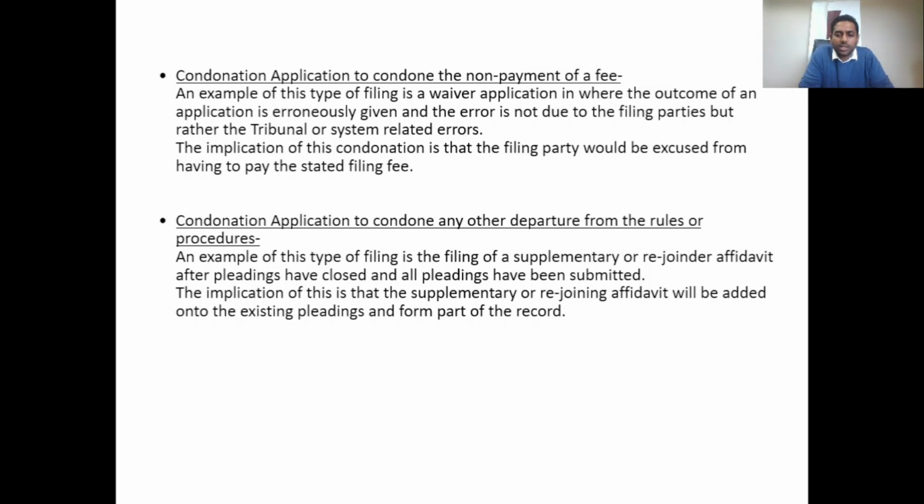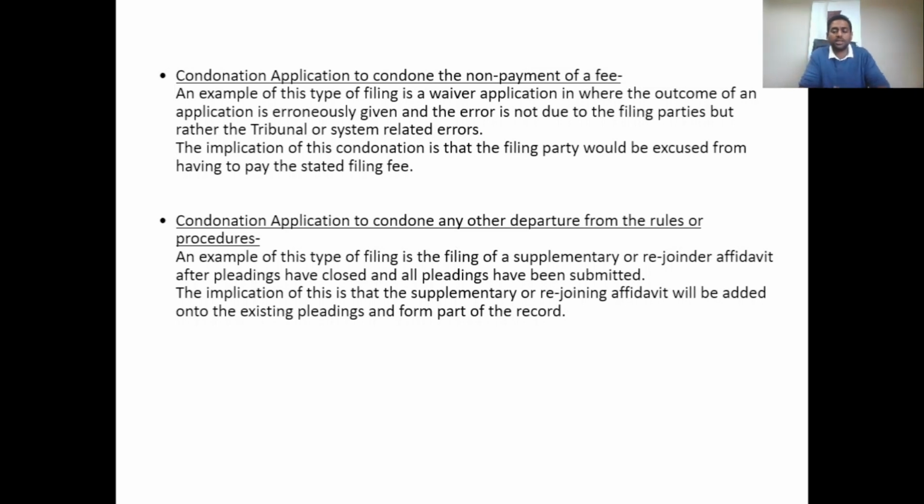Now, under those circumstances, a party can file a supplementary affidavit, but the rules don't cater for the filing of a supplementary affidavit. They speak of an answering affidavit and a replying affidavit. So you would file a condonation to depart from the rule of answer and reply to file a supplementary answering affidavit or a supplementary replying affidavit.